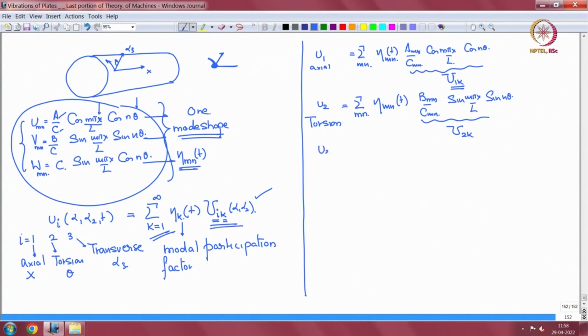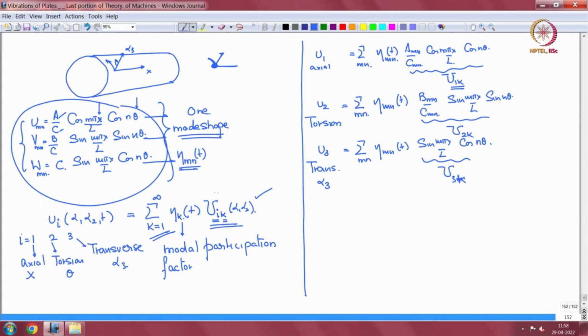Similarly, u3, which is transverse, alpha 3 direction, is sigma mn eta_mn sin(m pi x by L) cos(n theta). Okay, and this is u_3mn or u_3k.